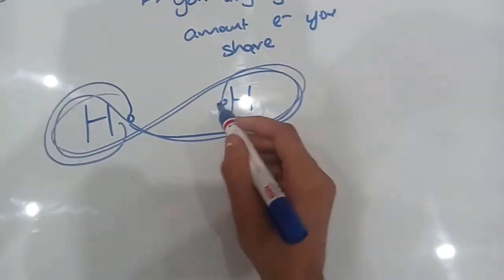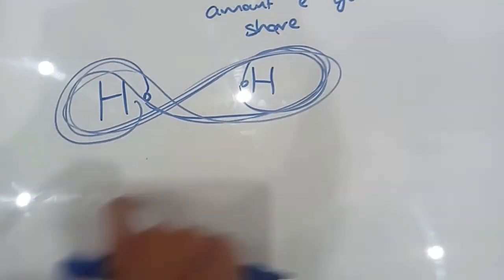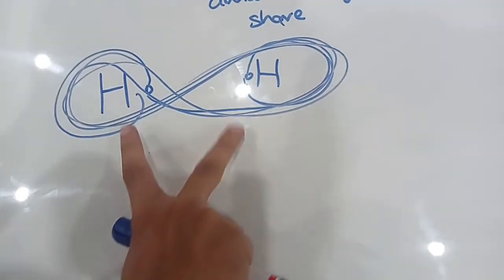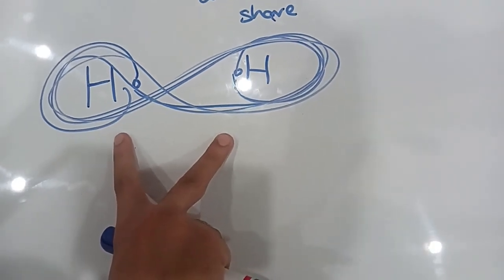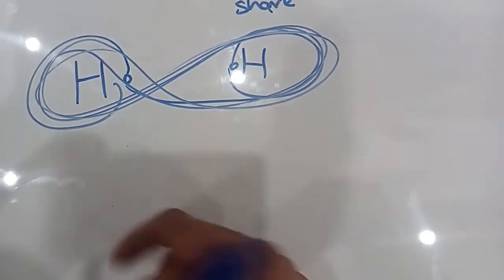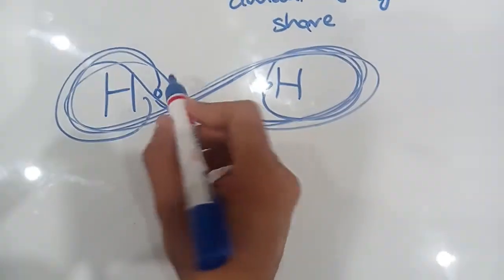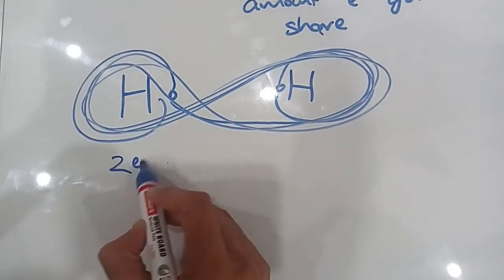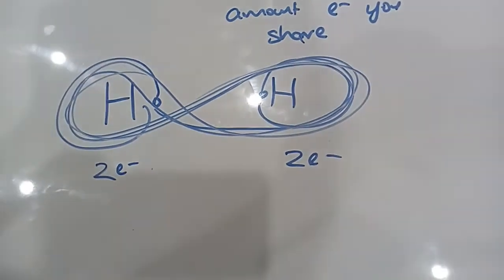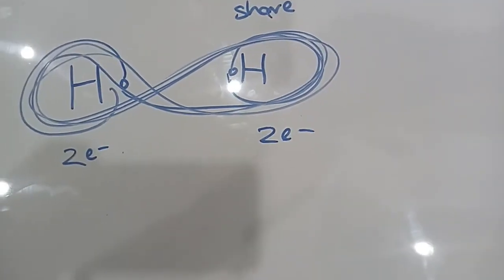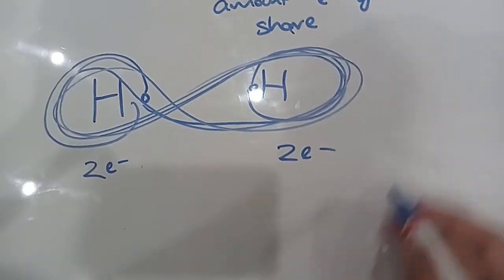Since both electrons now visit both nuclei, you can say that this has two electrons and so does this one, and therefore they're both stable.